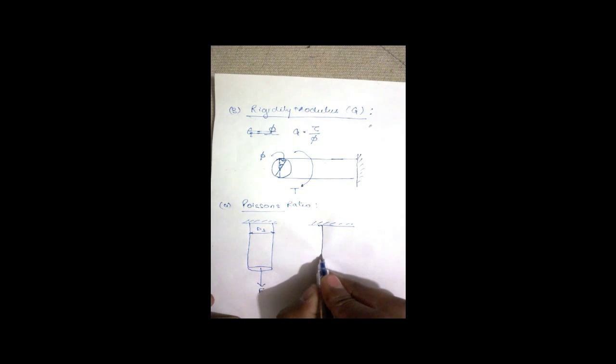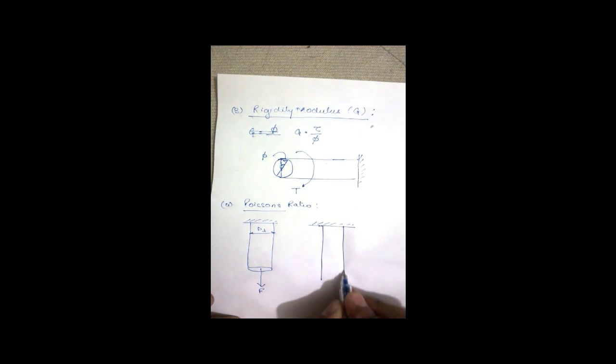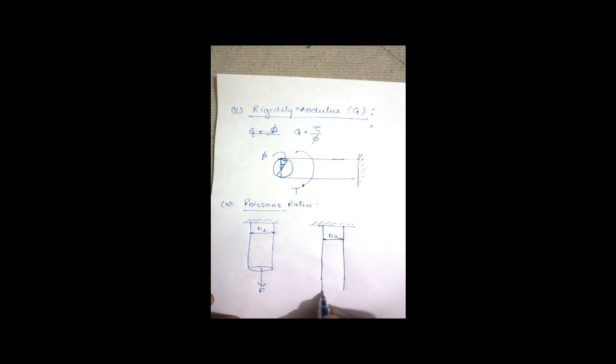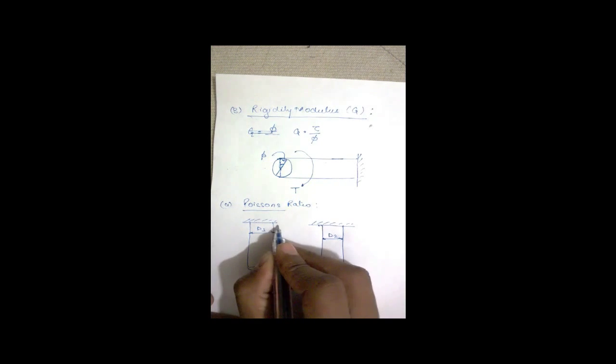The bar which had initial diameter D1 will now be reduced to D2, and the length of the bar will also increase by delta L. Now here, to understand the Poisson's ratio, we need to understand the lateral strain.